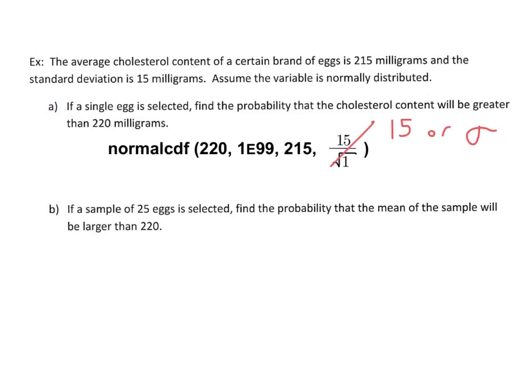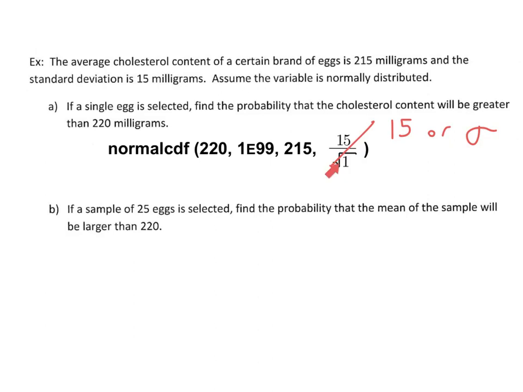Okay? Because I'm dividing by the square root of 1, which is just 1, it ends up being exactly the same as the standard deviation. So when the sample size is only 1, you actually use the exact same calculation as we did for 6-2.